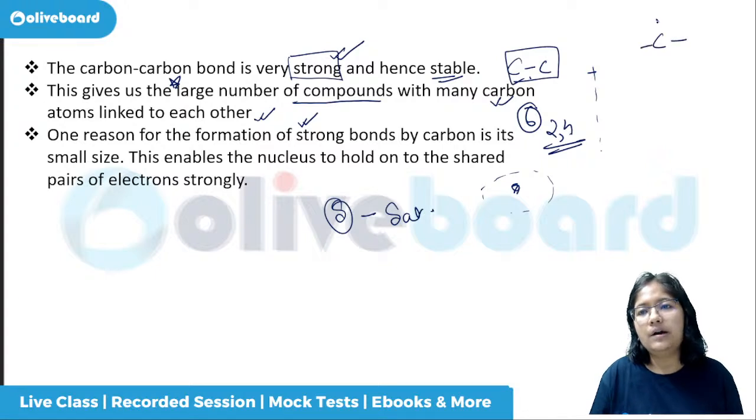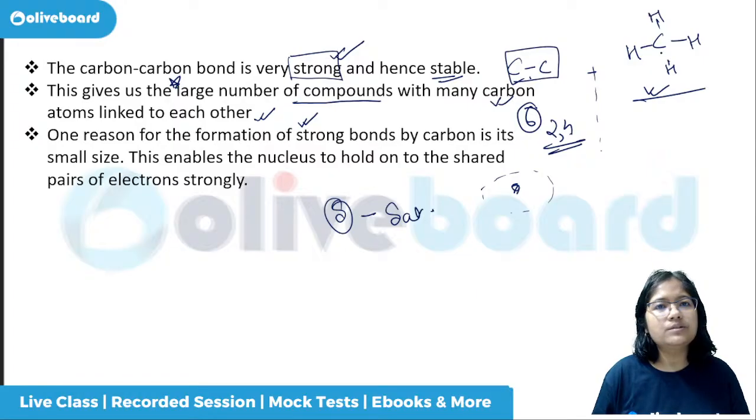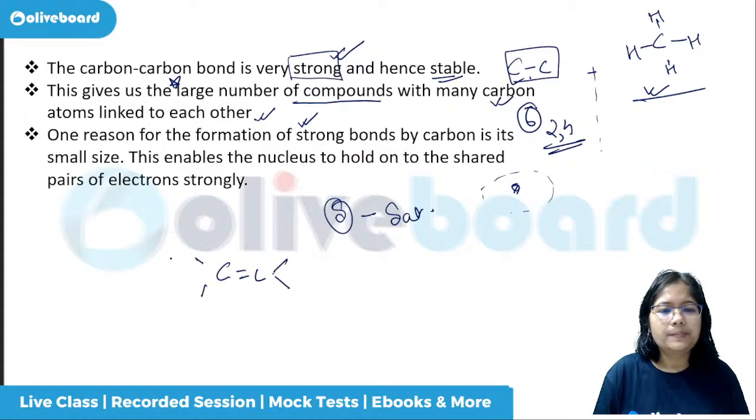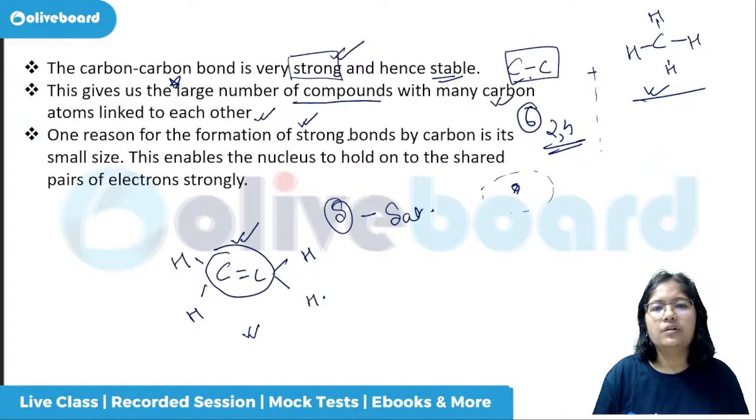Tetravalency can be occupied by anybody, by a hydrogen atom. Let us remember this as the example of tetravalency, because though there is no carbon bond here, you can still see it. But if I make, say, ethene, then here you will see this carbon bond which is being formed. This one is what we call catenation.